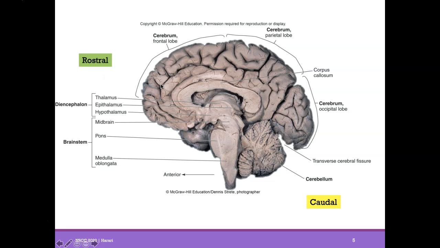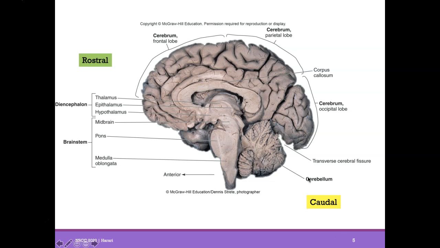Rostral just means anything toward the forehead, and caudal means toward the spinal cord, because we don't have a tail. So rostral is toward the forehead or closer to the nose, literally, and caudal is closer to the spinal cord, which is lower.